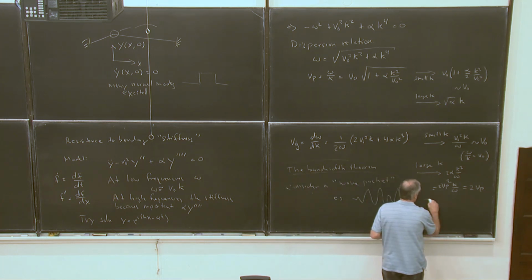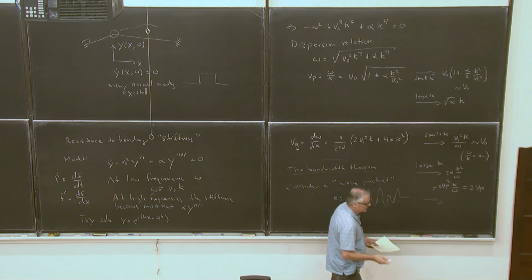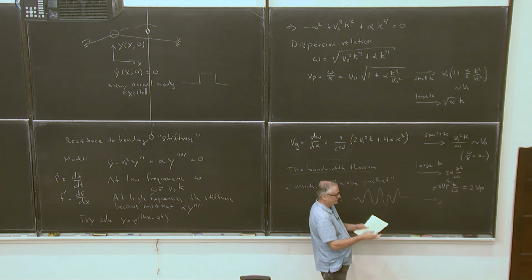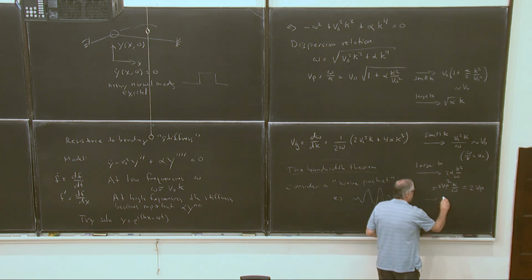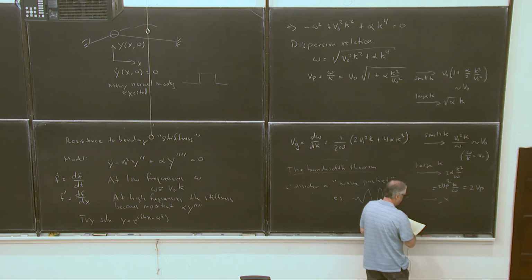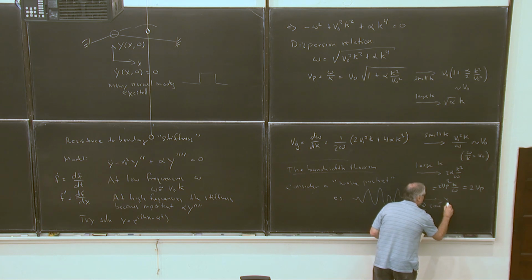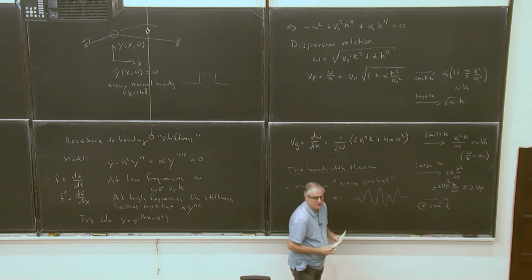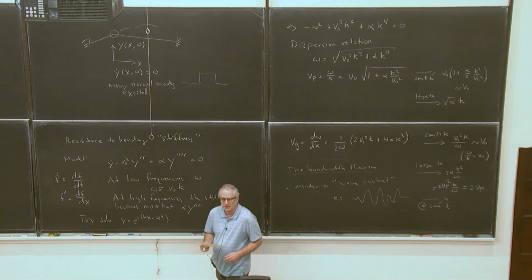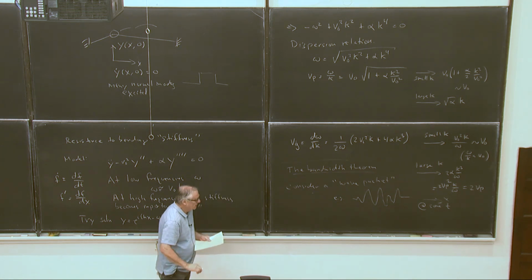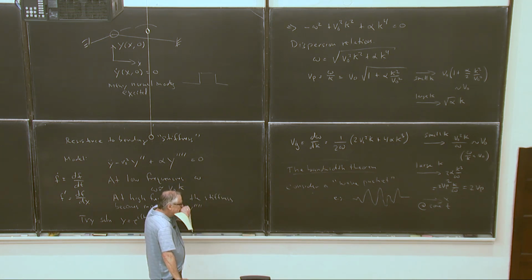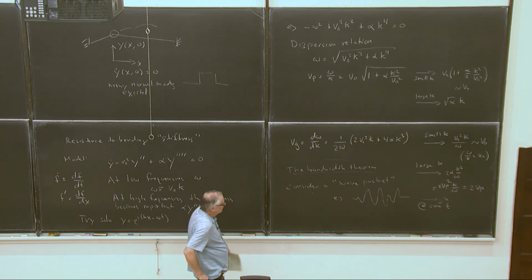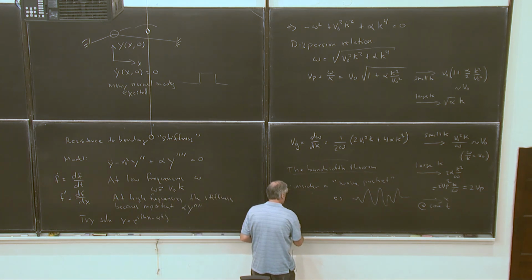So I could draw this either as a function of time for some position or as a function of position for some time. Let's suppose this is a function of position at some time. It might look rather similar either way I look at it. Okay. So this can be decomposed into Fourier waves.